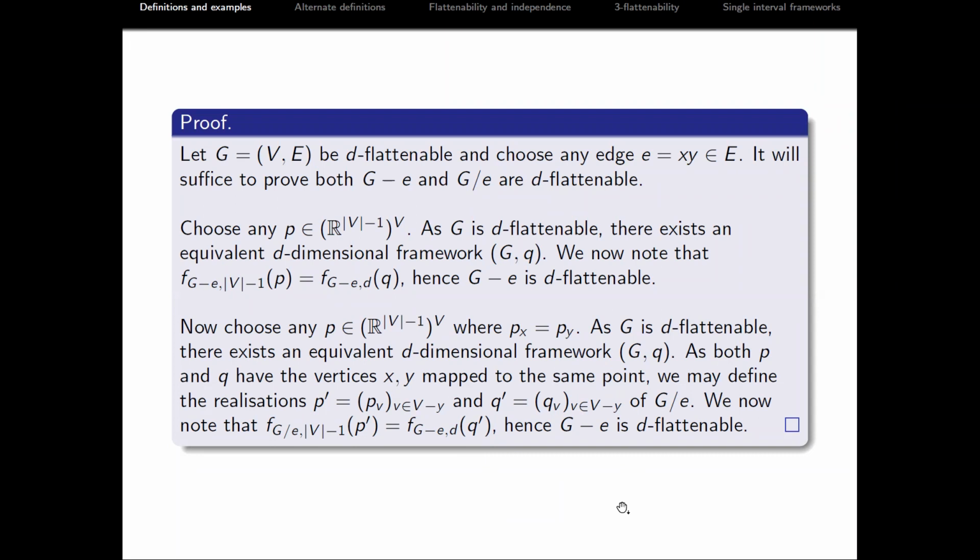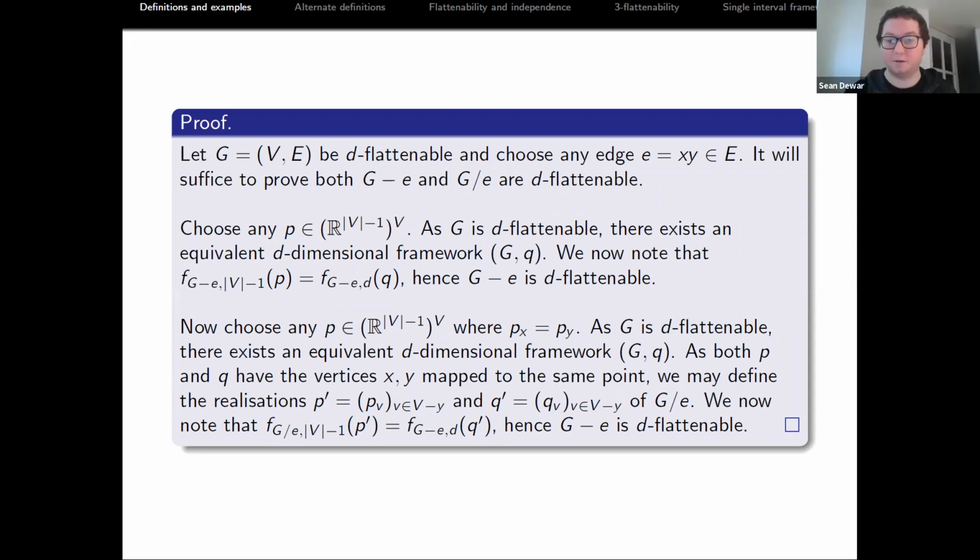Okay. Sean, can I ask a question about the proof? I think I understand the contraction proof that you've given, but it seems to me, and this is inspired by what Mira was saying in the chat, if you just make the realization so that px is not equal to py, the distance between them isn't 0, but it's equal to some small number r, right?